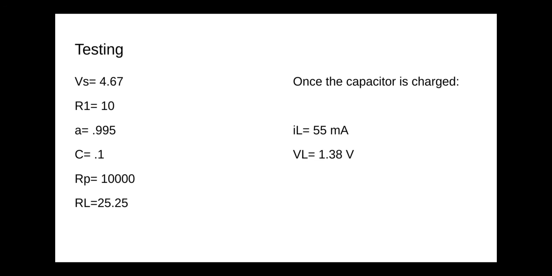Plugging these values into my equations, I got expected values for the current of the LED and the voltage potential across the LED when the capacitor was fully charged and the switch was closed. The current was expected to be 55 milliamps and the voltage was expected to be 1.38 volts.